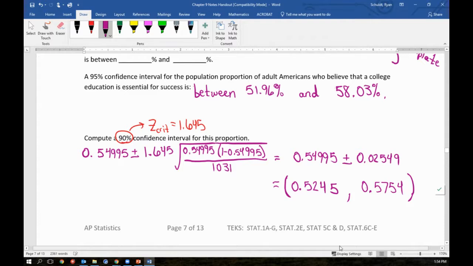What do you notice about this interval compared to the one we calculated first? About the numbers. So here's our first interval up here. What do you notice about these two? They get closer to each other, right? Because we're less confident, which means our interval is smaller.